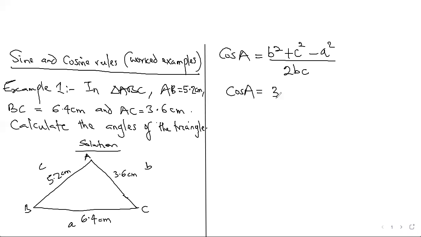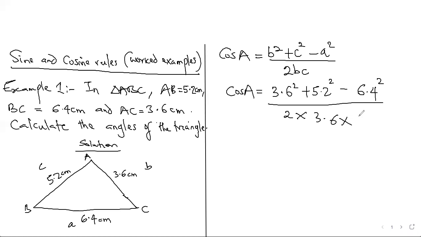So b is 3.6, so 3.6 squared, plus c is 5.2, 5.2 squared, minus a is 6.4, 6.4 squared, divided by 2 times b, 3.6, times c, 5.2.